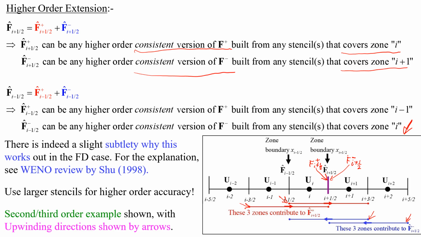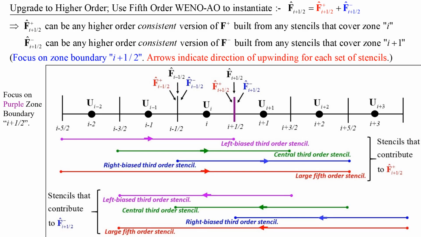There's a slight subtlety as to why this works for finite difference, and that's explained in this review paper. I'd urge you to look into that to understand why the flux vector splitting works at higher orders. This opens the door to obtaining higher order accurate representations of finite difference.